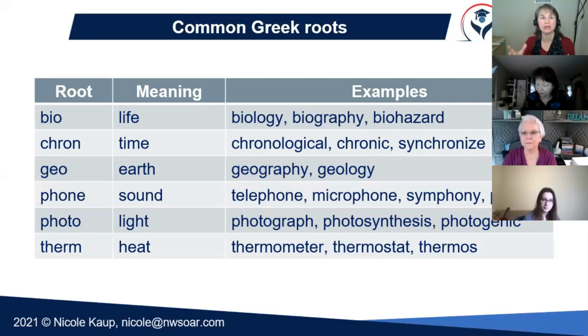So biography is the study of someone's life, kind of a book related to someone's life. And biohazard, right? So a hazard to life, something that's dangerous to life. Chron relates to time, chronological, chronic, synchronize. Geo relates to earth, so geography, geology are examples.